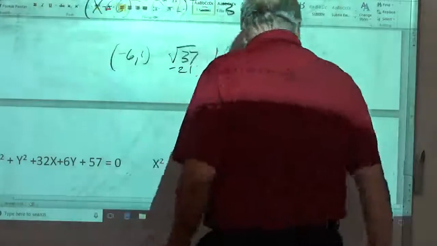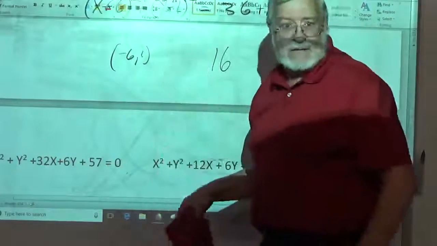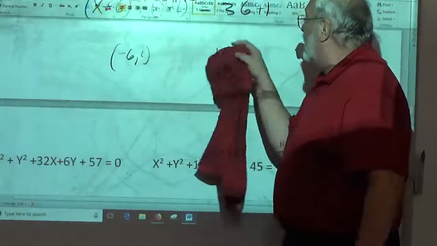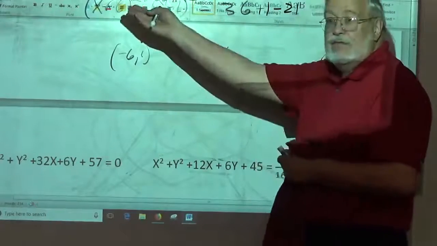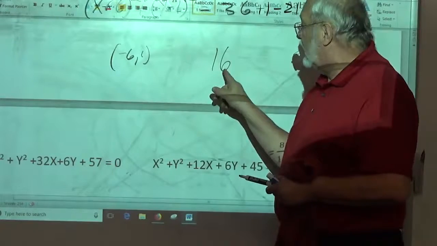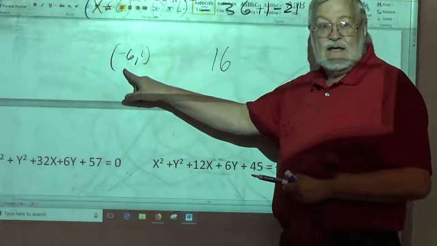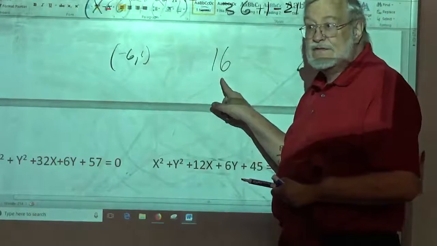Okay, so the square root of 16 is 4, so my radius is 4. Thank you for catching that for me. See, what we had is a negative 21 to move that constant over to the other side. All right, so our center is at negative 6, 1, and then we have 16.